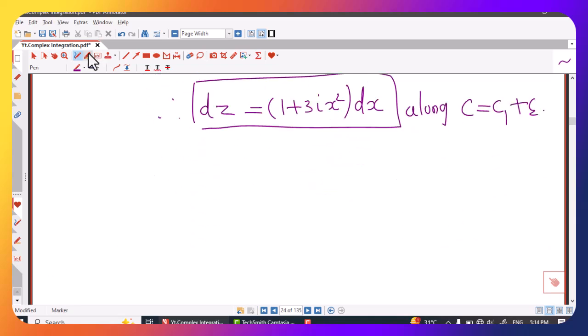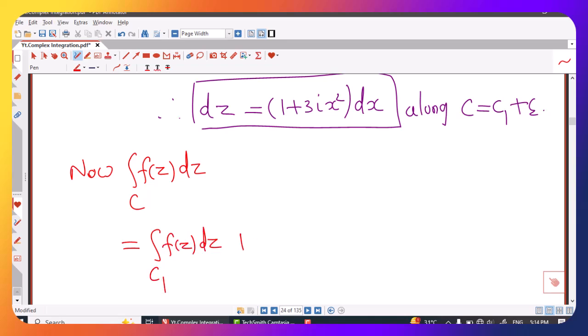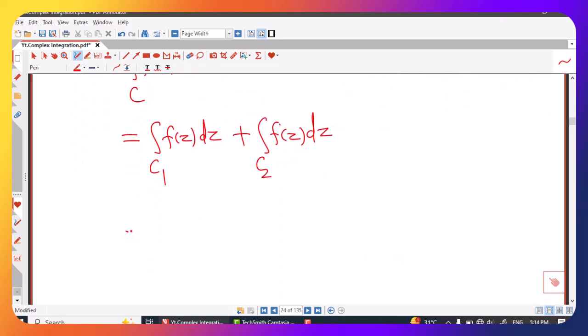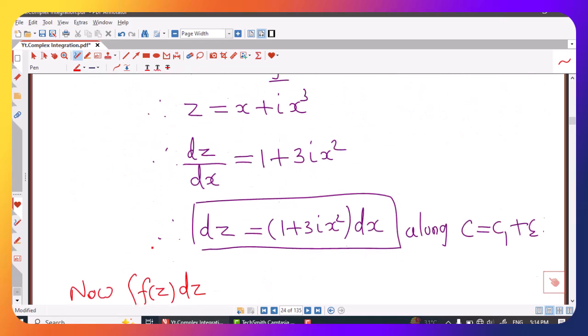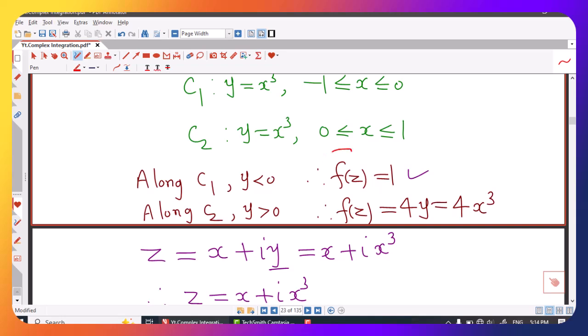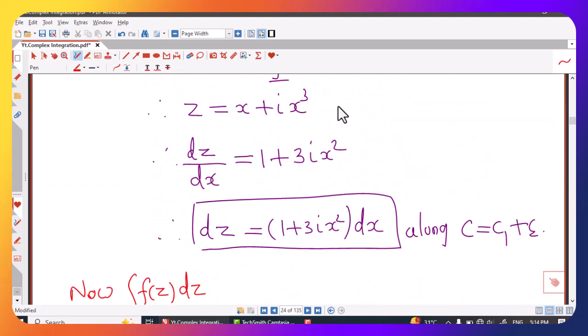Now we can find the given integral. So the integral of f of z along C is equal to the integral of f of z along C1 plus the integral of f of z along C2. We have written that along C1 f of z is 1 and the value of x is from -1 to 0.